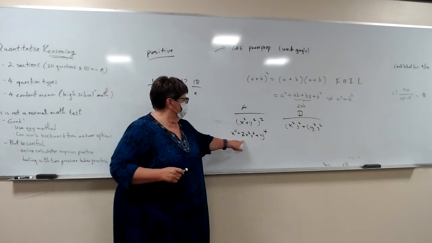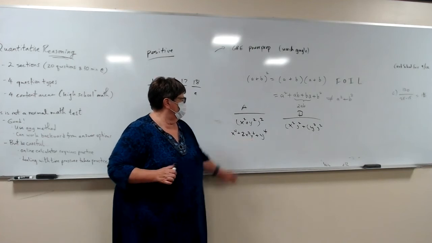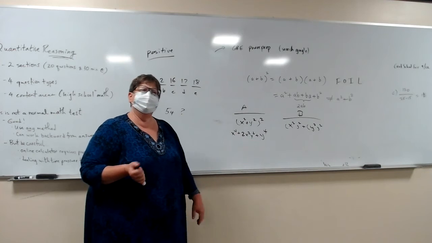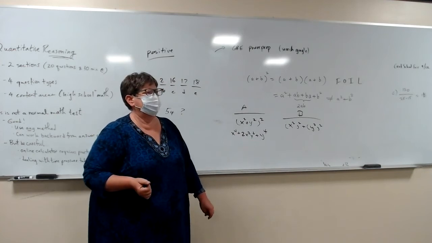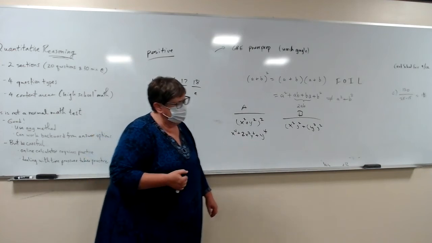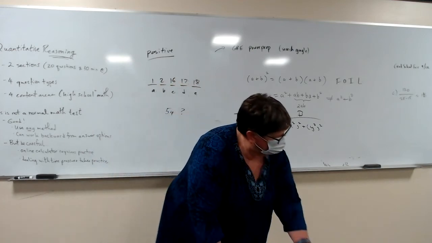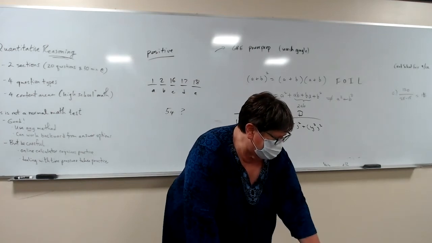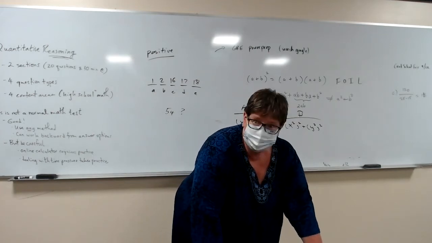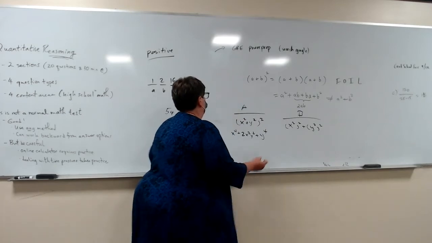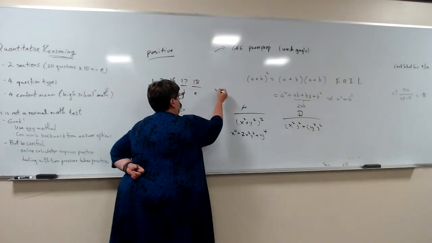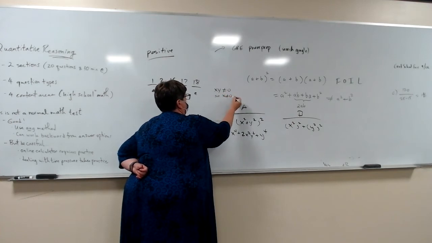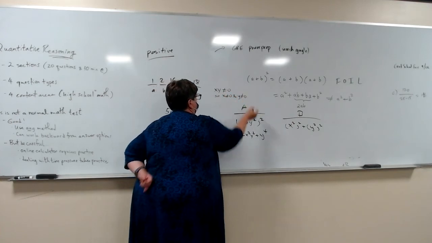Tell me about this number, 2x squared y squared. What do we know about x and y? Could they be negative? Could they be 0? They can't be 0 because x times y is not 0, which I almost didn't even see. So x is not 0 and y is not 0.